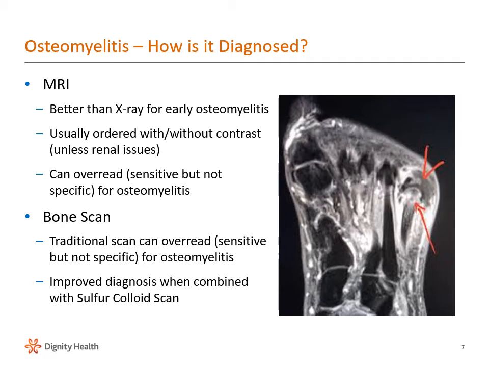When you take a traditional bone scan and add a sulfur colloid scan, this can be very helpful in starting to pinpoint osteomyelitis versus other chronic conditions of the bone, such as when a fracture is present or a fracture is not healing appropriately. The bone scan may be positive, but with a sulfur colloid scan, you can help differentiate between another chronic bone condition and osteomyelitis.